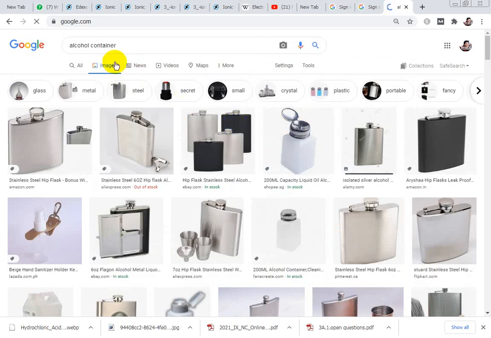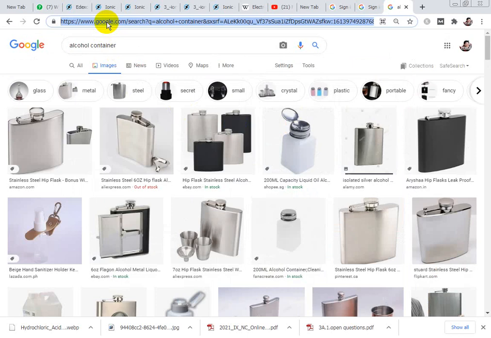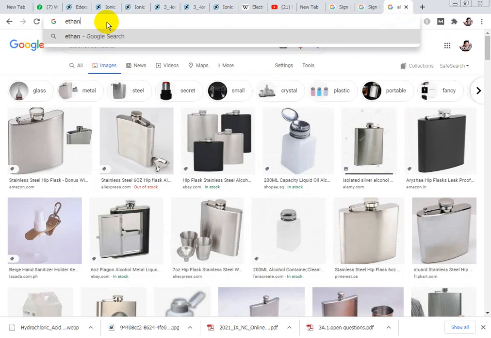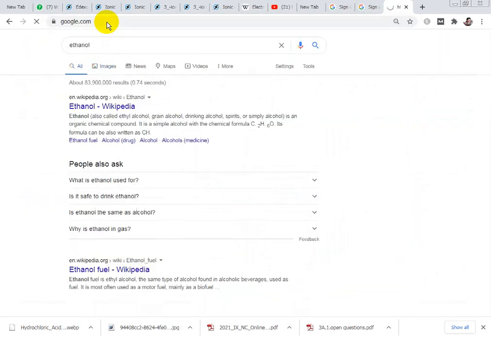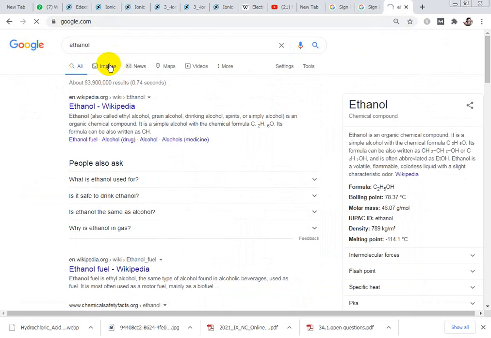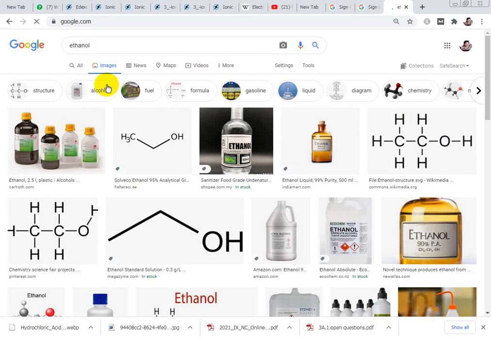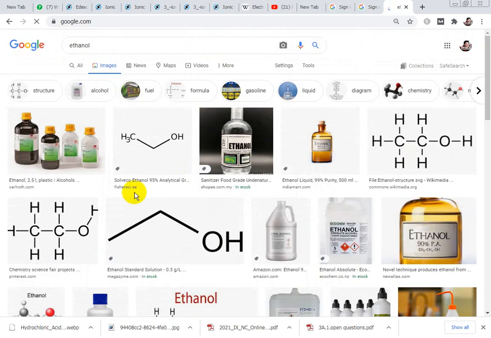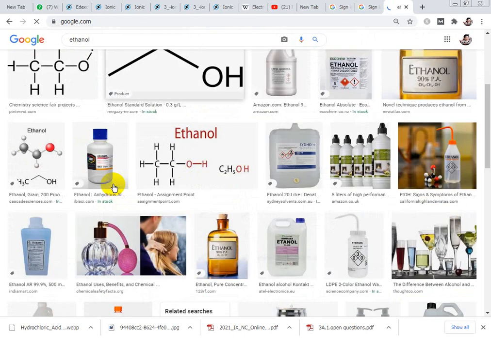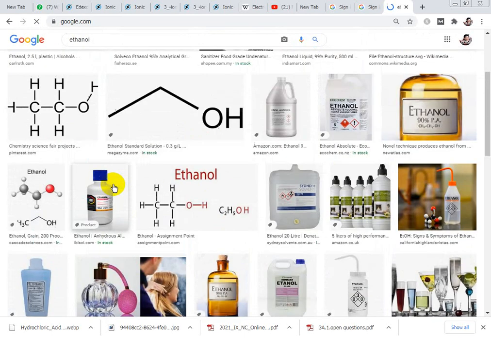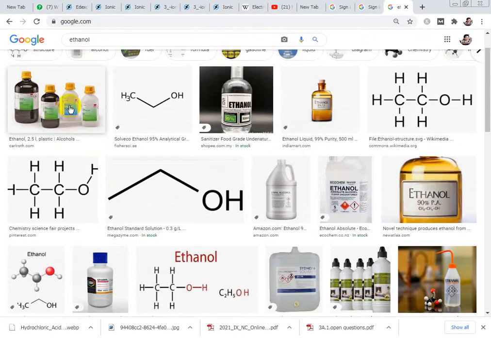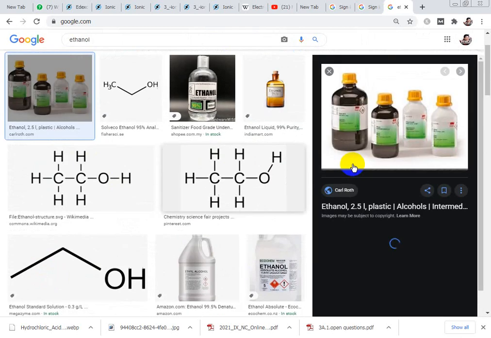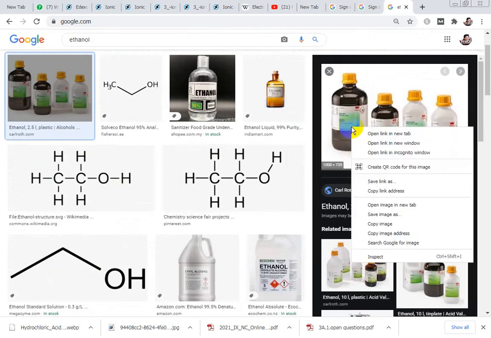Yeah, ethanol I should give. Now it is working properly. Ethanol. Okay, look, ethanol bottle. Look here, it can be shown, it is given here.